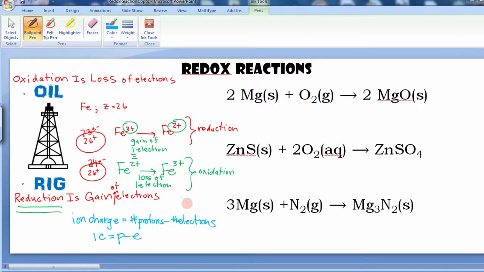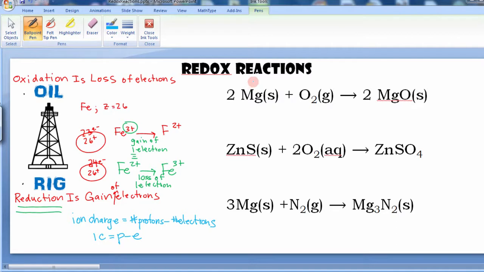So let's get down to business and look at some of these chemical equations, also called redox reactions. We will have a loss of electrons by one atom and a gain of electrons by another atom or atoms. So these are called redox reactions.